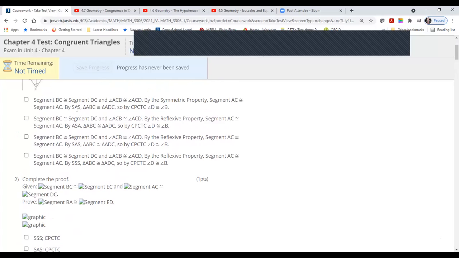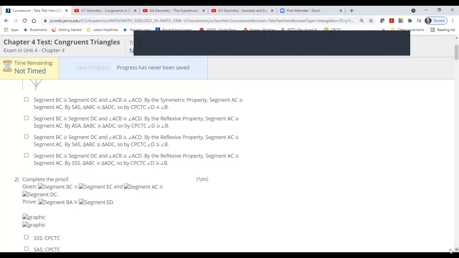So the answer is one of these, this one or this one. So you have to be careful. It should be this one here. One of these. This one or this one.